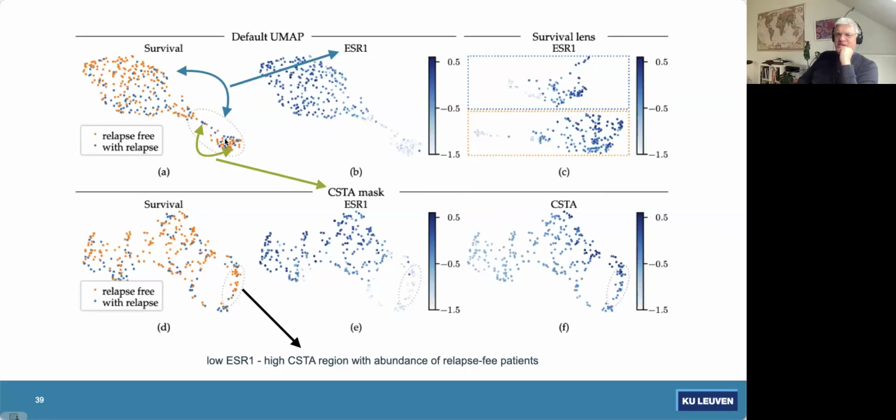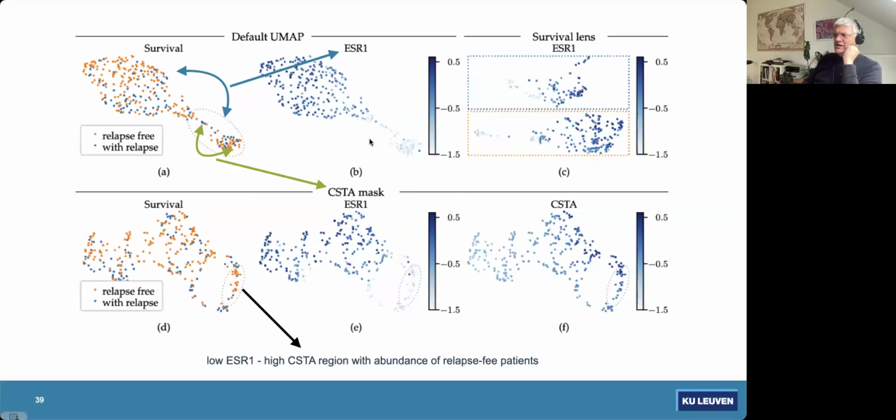I'm looking at the same information again from the breast cancer patients. Each node here is a breast cancer patient. With regular UMAP, we find this subgroup here. And if you look at the difference between the big group and the small group, that is ESR1.